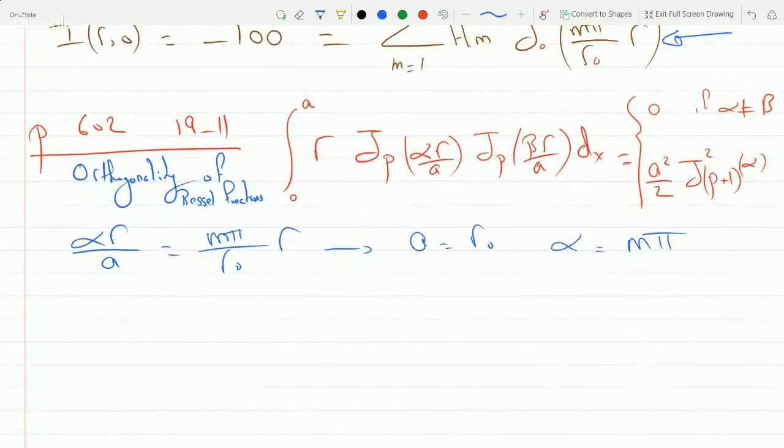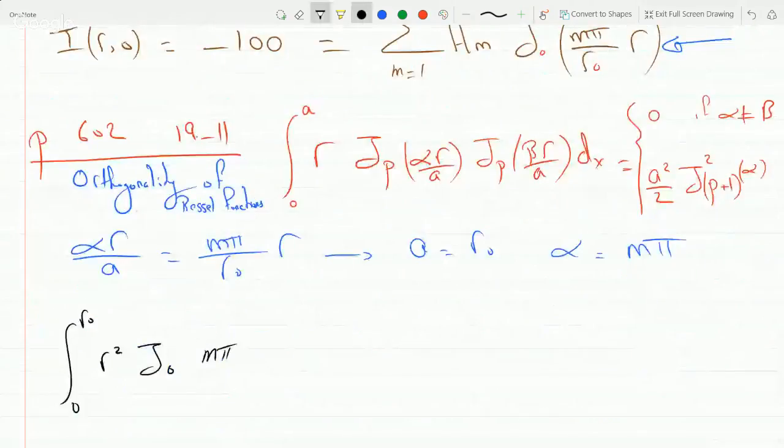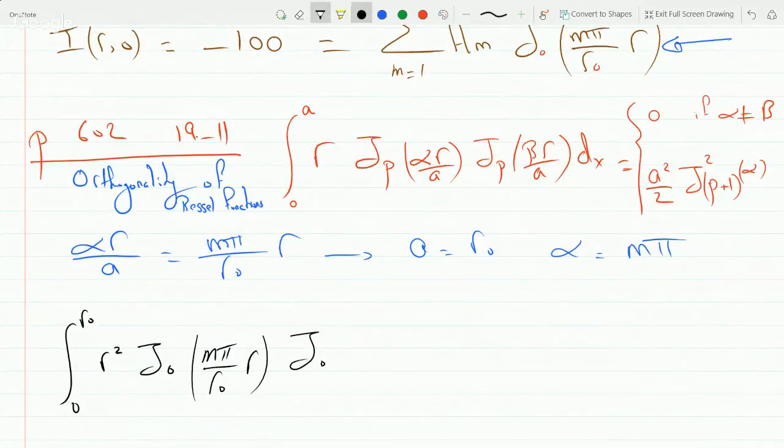And so I will get, let me change the color here, the integral from 0 to r0 of r squared, J0 of m pi over r0 r, times J0 of n pi over r0 r dr.